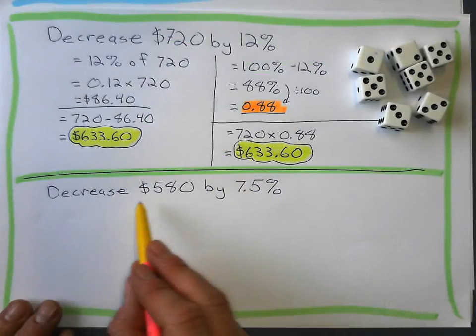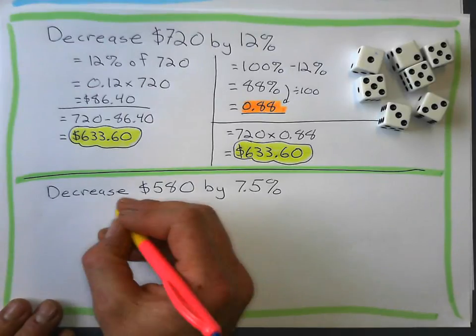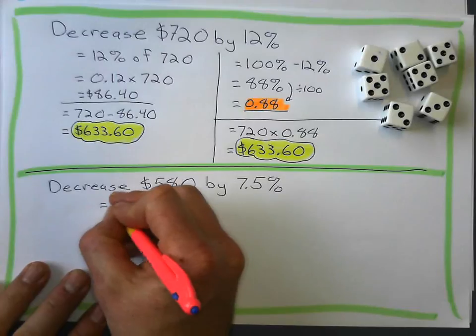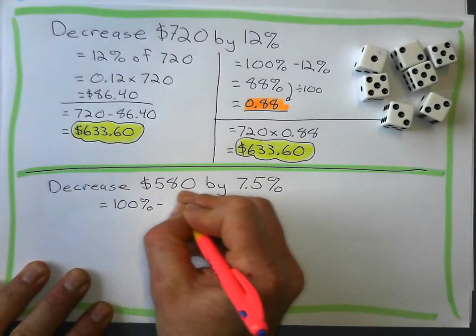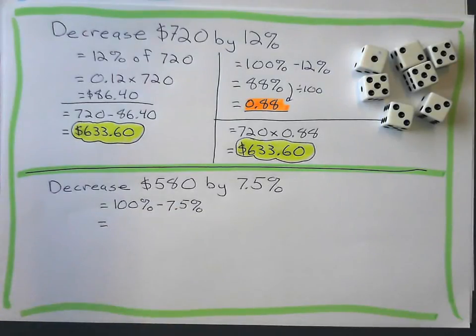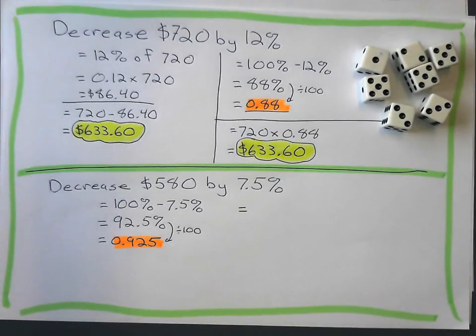So decreasing it by 7.5%. What does a decrease of 7.5% mean? It means 100% minus 7.5%. What does that give me? 92.5%. Change that to a decimal by dividing by 100. Okay, so this is the money number. This is the one we want.